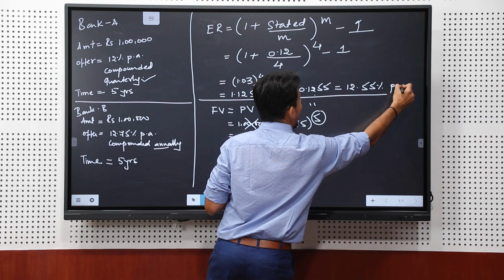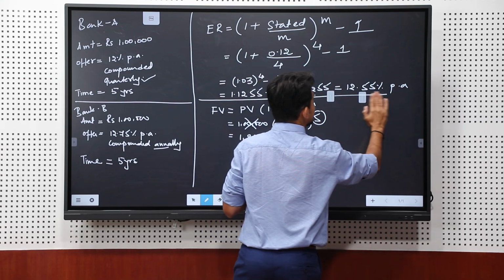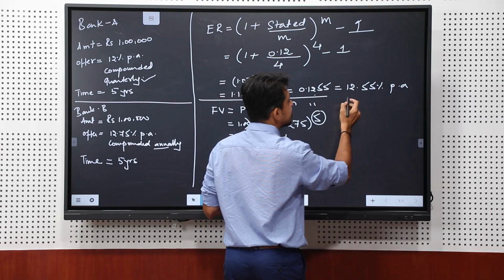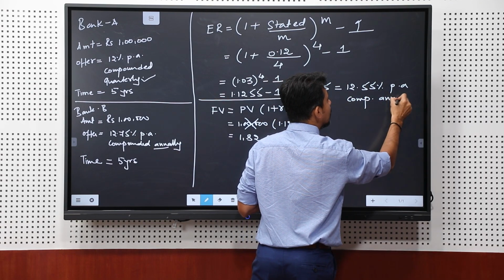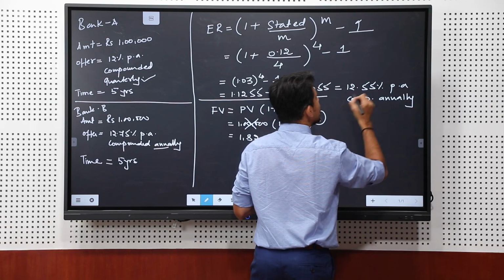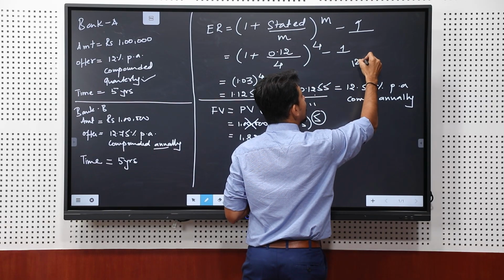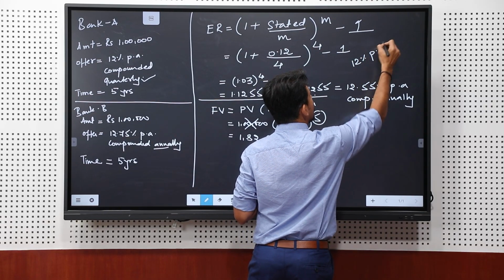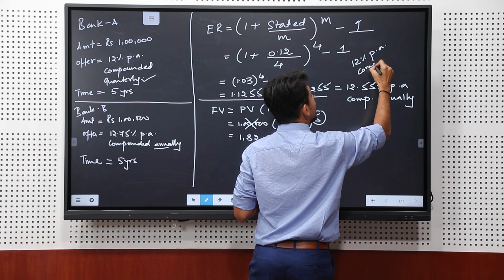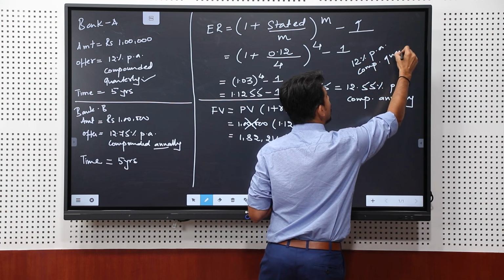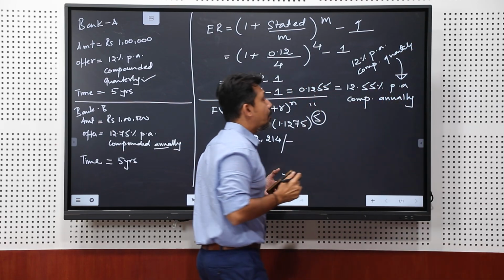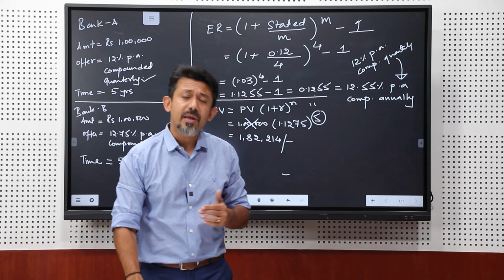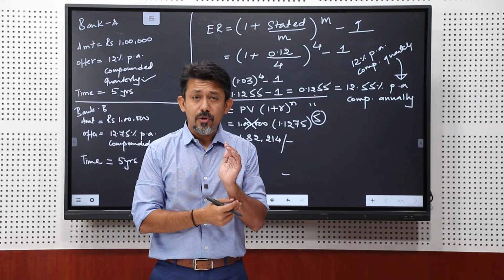In other words, 12.55% per annum, and I need to write this 12.55% per annum compounded annually. So I have converted 12% per annum compounded quarterly into 12.55% per annum compounded annually.